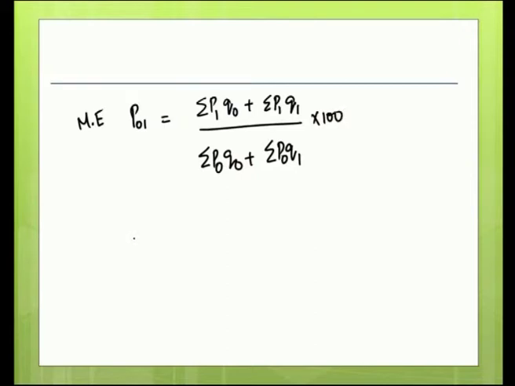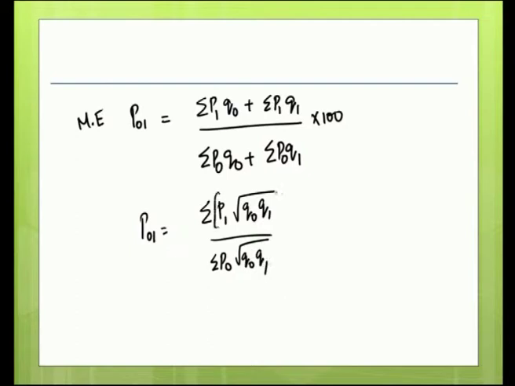Next method is Walsh's method, and it is represented as P01 is equal to summation P1 into root of Q0 Q1 divided by summation P0 into root of Q0 Q1. Root of Q0 Q1 is inside the summation, therefore, you just can't cancel it.